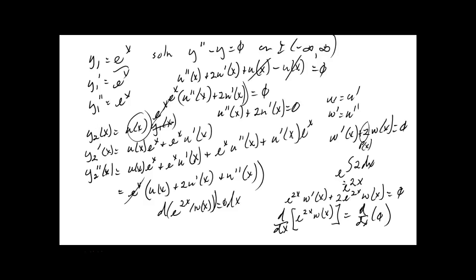That's equal to some constant, k. No, some constant, okay. So that means our w of x is equal to some constant over e to the 2x, which is some constant times e to the minus 2x. So there's our solution, okay.